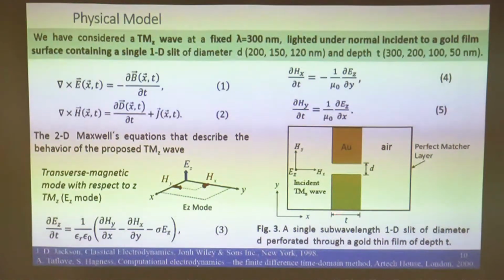And I use the diameters of 200, 150, 120 nanometers, and the depths will be 300, 200, 150 nanometers. So the 2D Maxwell equation that describes this proposed TM mode that is lighted on the normal incident is here.